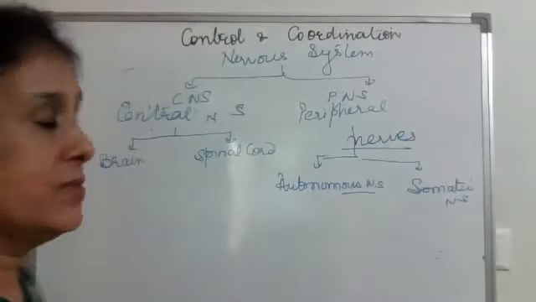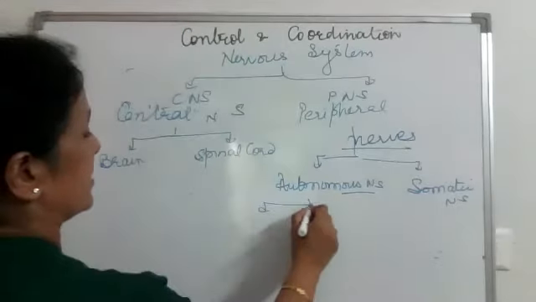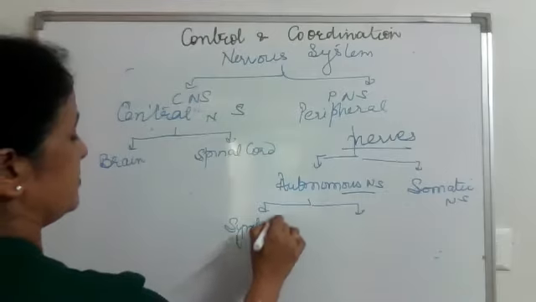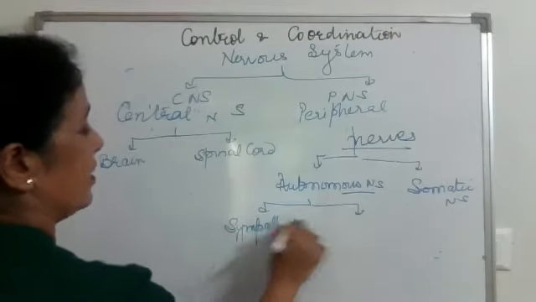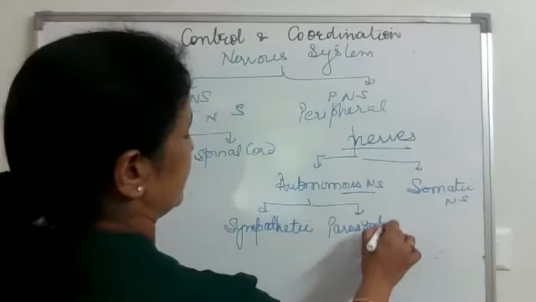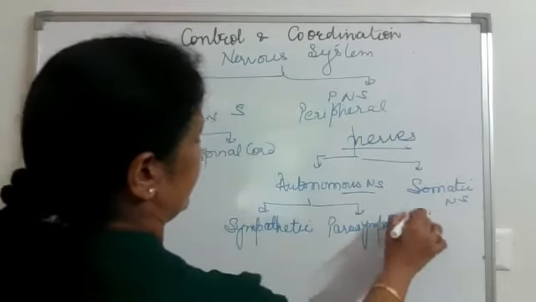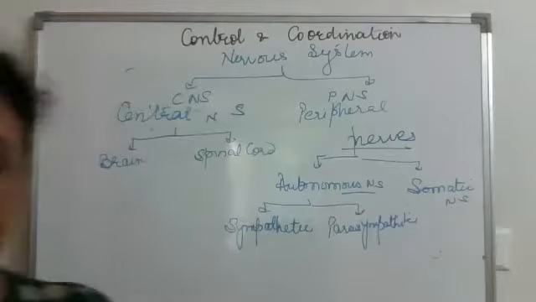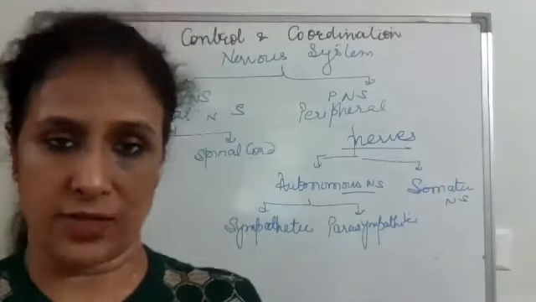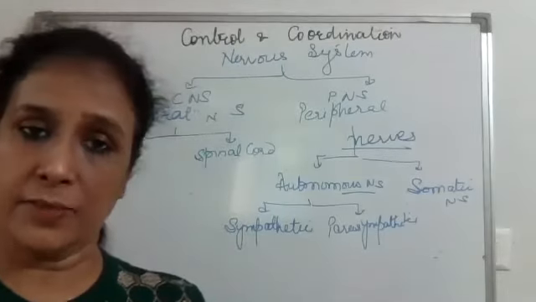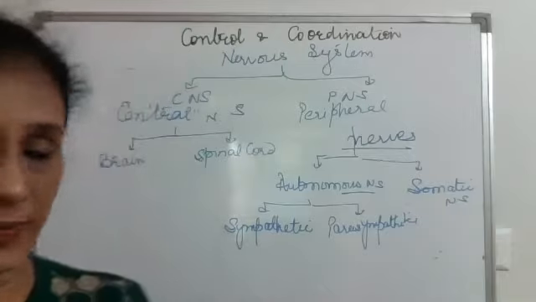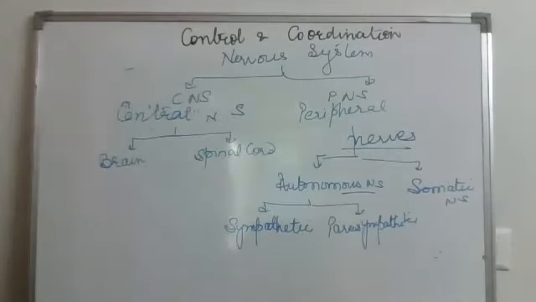The autonomous nervous system is further divided into two categories, the sympathetic nervous system and the parasympathetic nervous system. The sympathetic nervous system prepares the body for any kind of reaction, and the parasympathetic brings the body back to the normal condition.